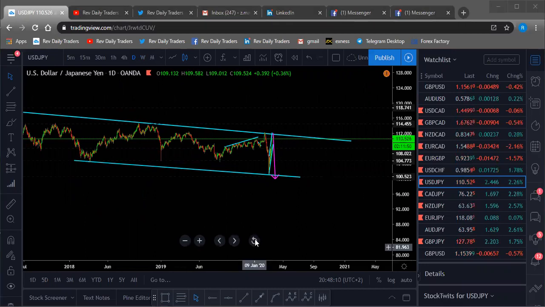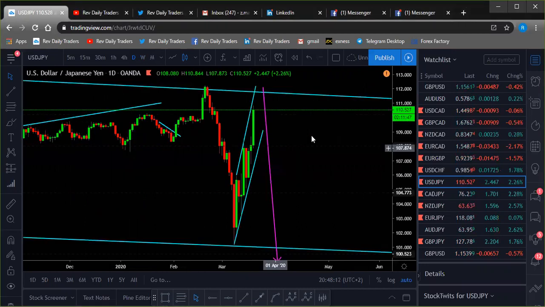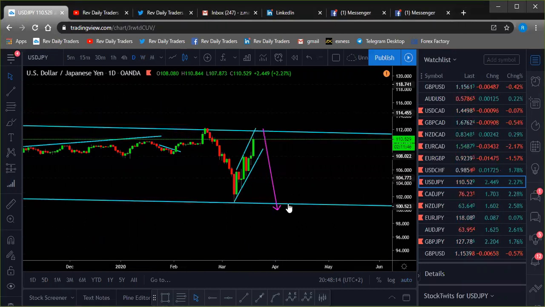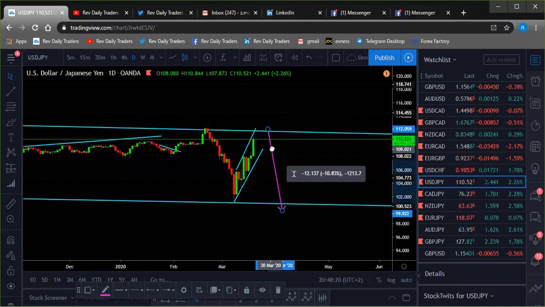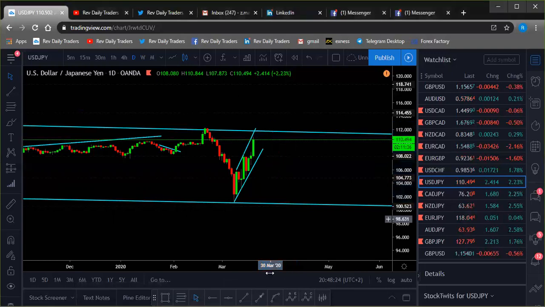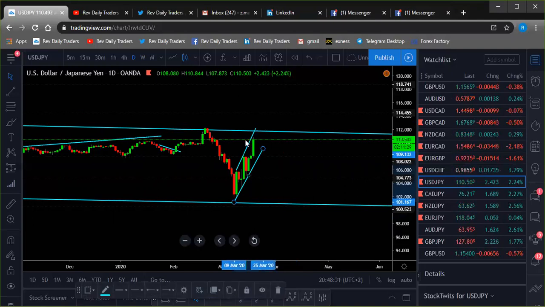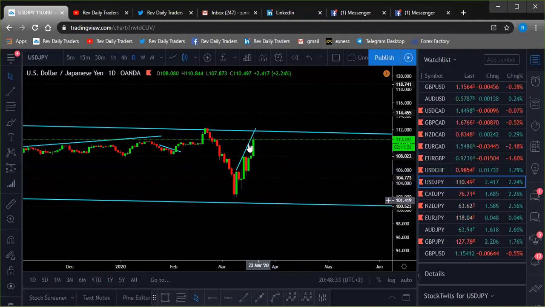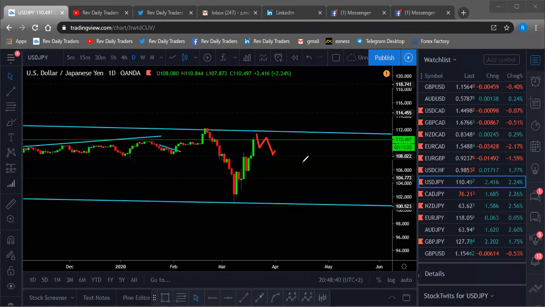Let me show you what we are expecting here. Because if you don't see this down move, expect a correction here, okay?